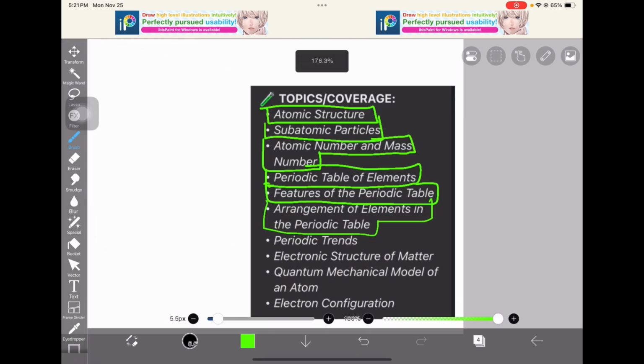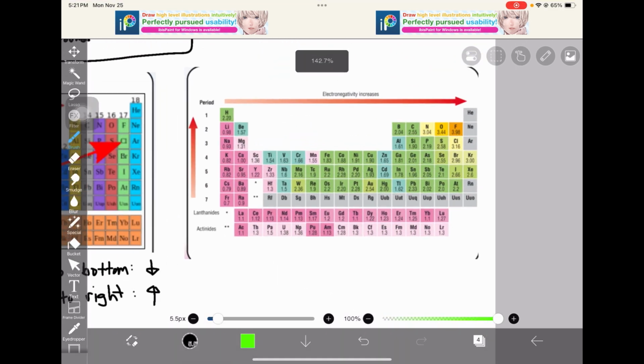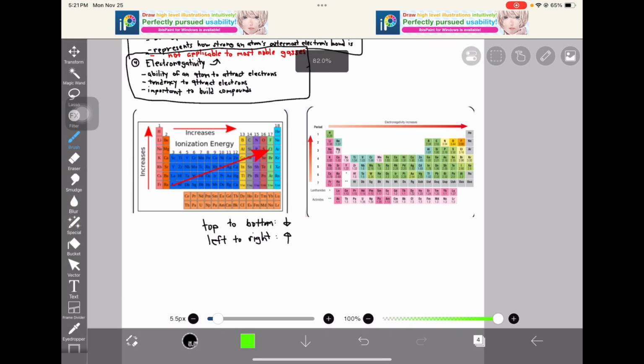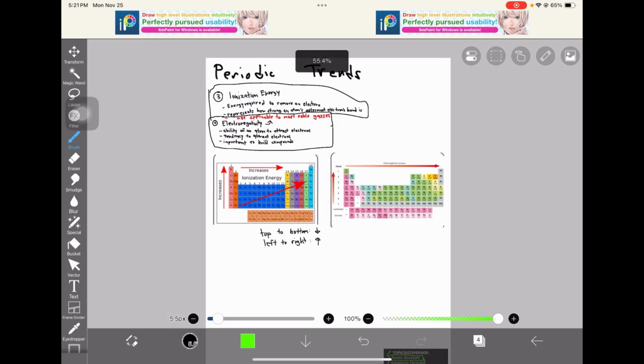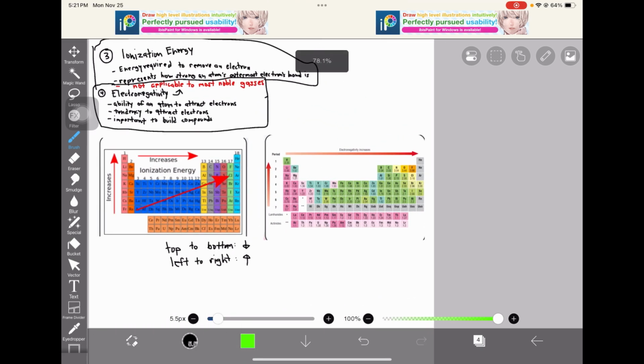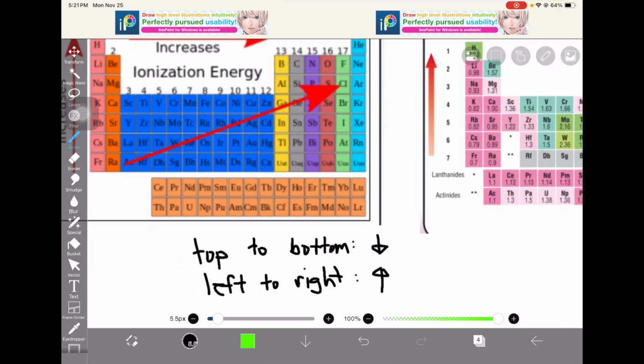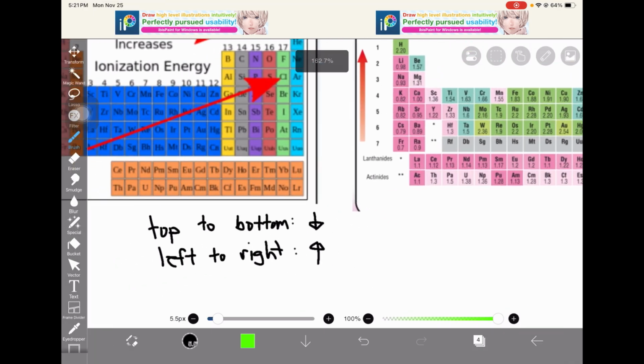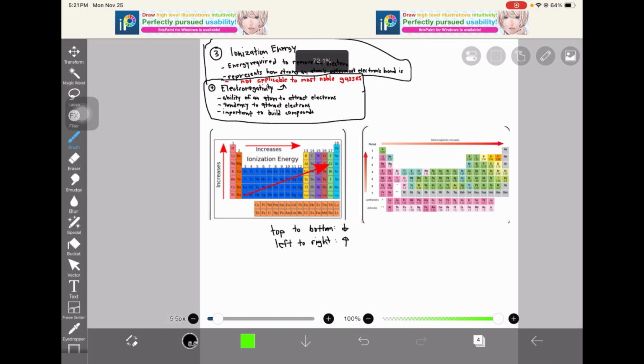Remember just to keep an eye out for the order when you're asked, like is it increasing or decreasing order? Is it from here to here? Make sure to just be careful and you should be good to go. Just remember that these two are inverse, like top to bottom is decreasing and left to right is increasing, vice versa for the other two.